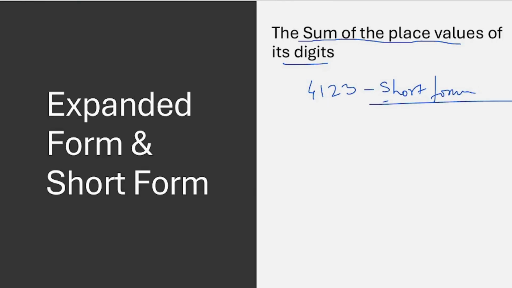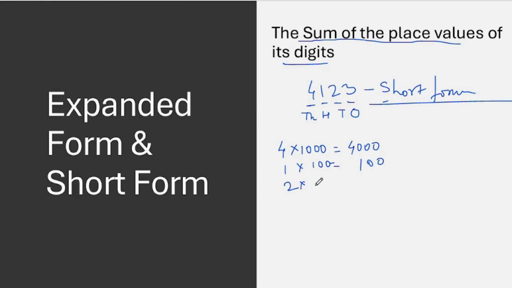Now, if I have to expand this number, how will it be expanded? Let's write the place positions: ones, tens, hundreds, thousands. 4 is at thousands place, so 4 into 1000 is 4000. 1 is at hundreds place, so 1 into 100 is 100.